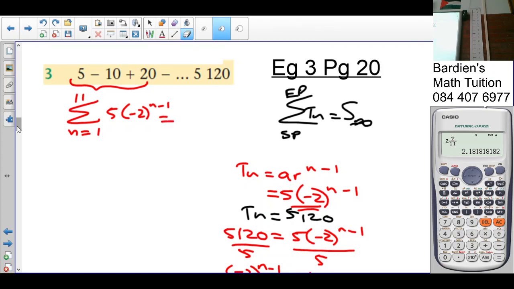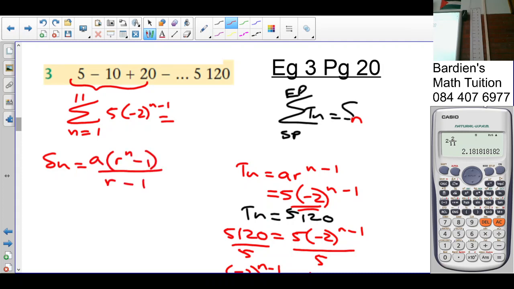Sn. Not S infinity any longer. So the sum of a geometric sequence is what? Sn is equal to a times r to the n minus 1 over r minus 1. So I'm going to work out S11, which equals 5 into negative 2 to the exponent 11 minus 1, over negative 2 minus 1.